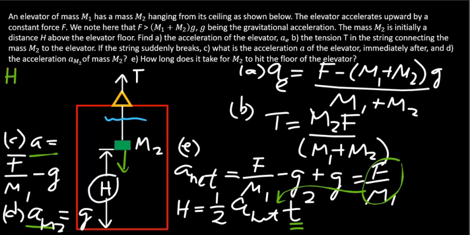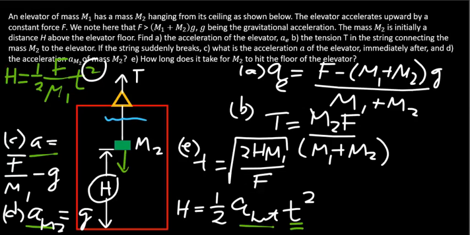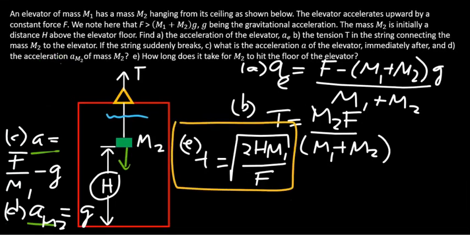So H equals half a net, which is F over M1, times T squared, and we can solve for T. Solving for T, we get T equals the square root. Remember, there's a square here. So 2H M1 over F. And that represents the time M2 takes to hit the floor of the elevator after the string breaks. And that solves the problem.